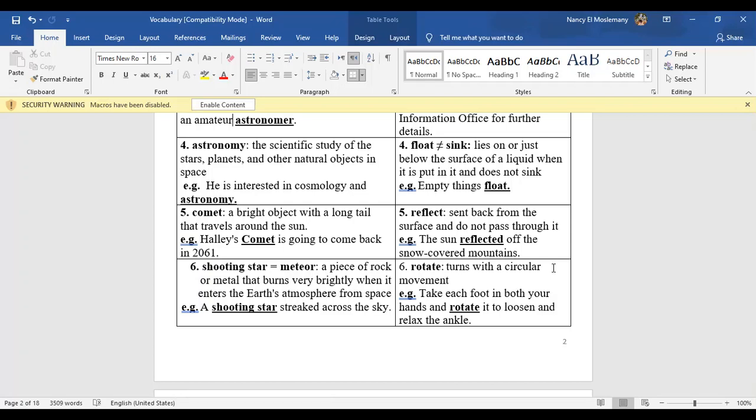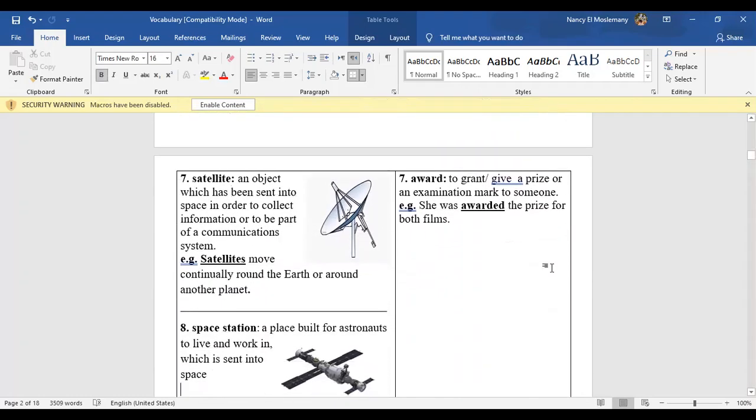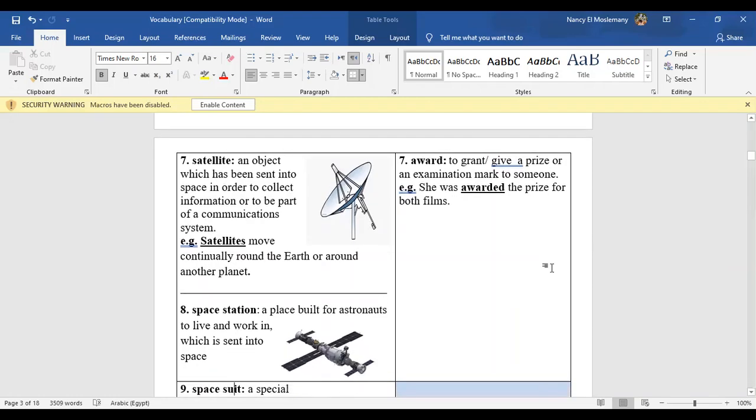To rotate is to move in a circular way or to turn around something in a circular, round way. Award. To award someone something, it means to grant or give someone a prize. For example, here, she was awarded the prize for both films. It means that she was given the prize.